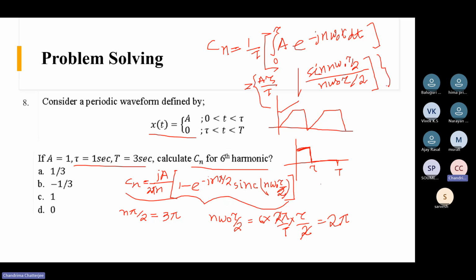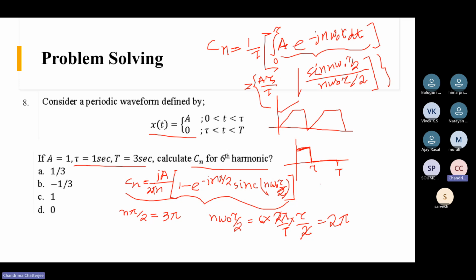This is after manipulating the expression. Okay. So you don't have to always remember this expression. You can remember it your own way. This sinc is just for making it simpler. But you can simply do it and replace the values, tau and everything.